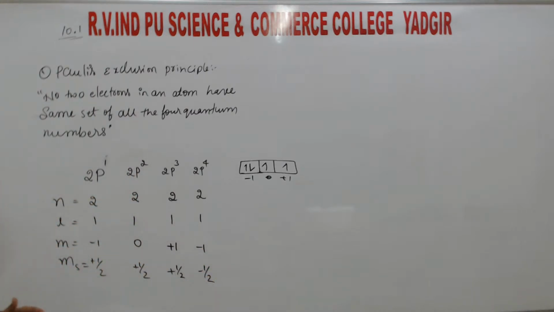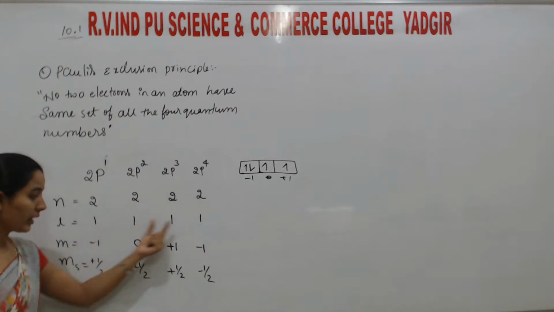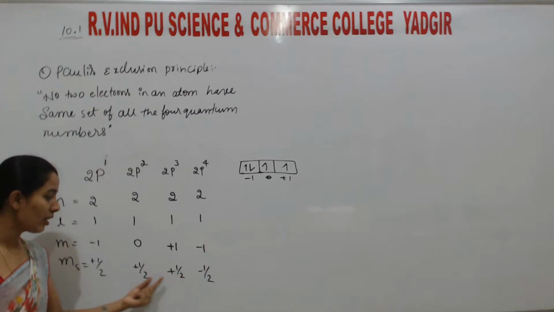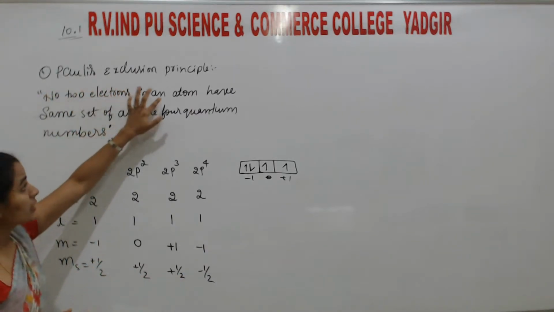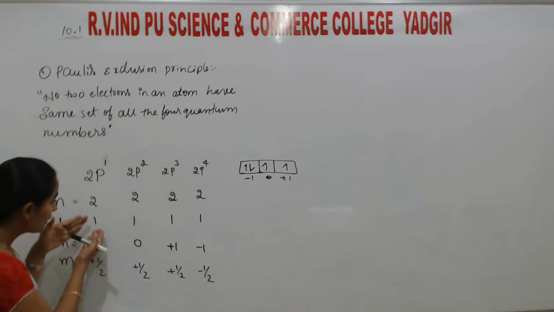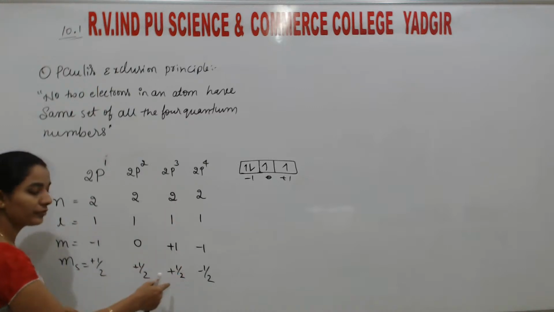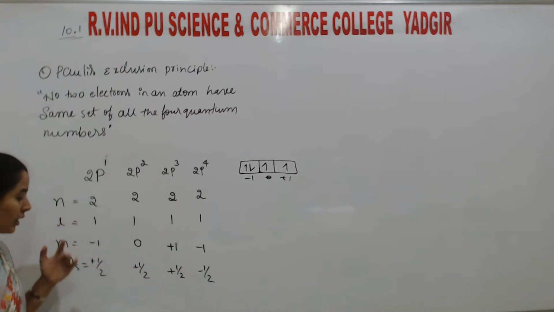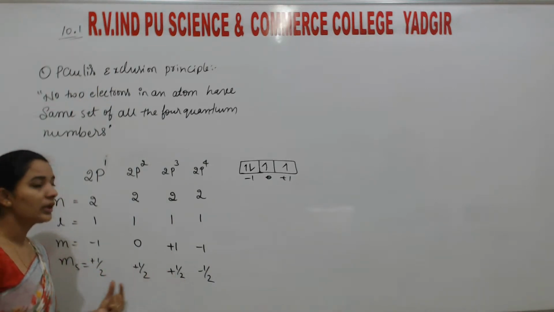So students, remember here, in all these cases, n is the same, l is the same, m is different, but spin is the same among these. What I am telling is, no two electrons in an atom have the same set of the four quantum numbers. Here three are the same: 2, 1, half; 2, 1, half; 2, 1, half. That is, the principal, azimuthal as well as spin quantum numbers are the same for these three electrons.